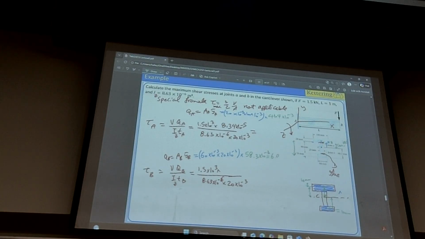And this is 6.996 times 10 to negative 5. So meter cubed is the unit for Q. In this course, we've had different units: meter squared for area, meter cubed for Q, and meter to the fourth for J and I.